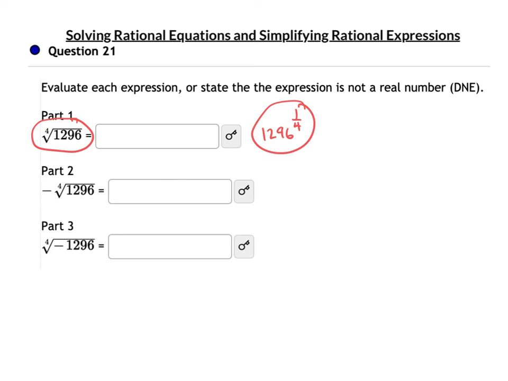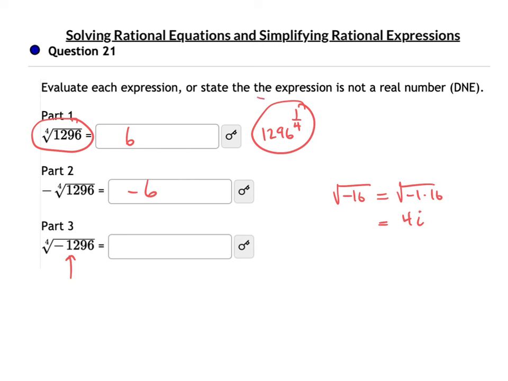6 here is the answer to the first one. This one then is the opposite of that, -6. Now this is just like taking the square root of -16. We know how to make that -1 times 16, which is 4i. You might vaguely remember that. But this is an imaginary number.